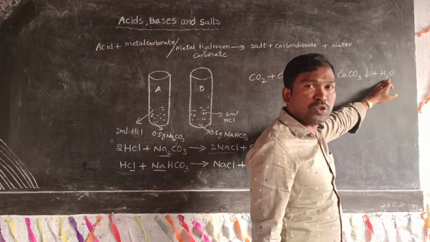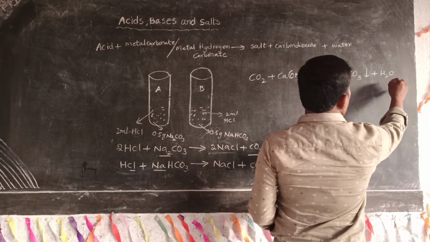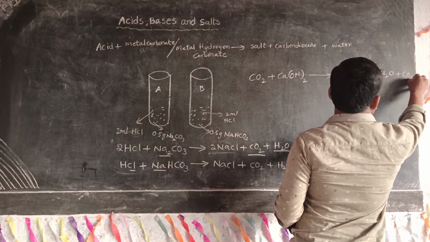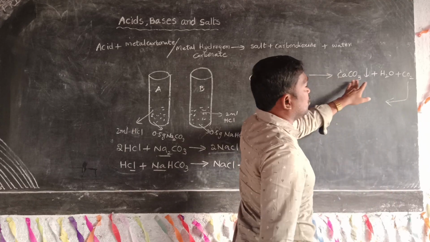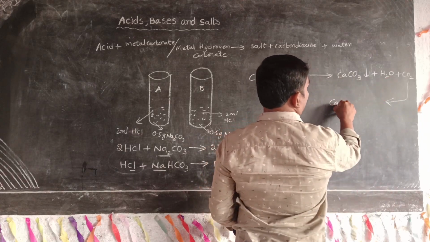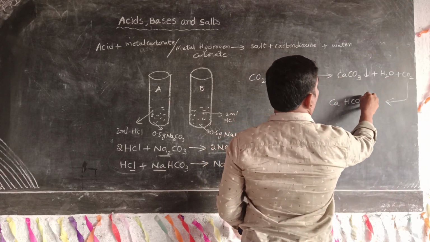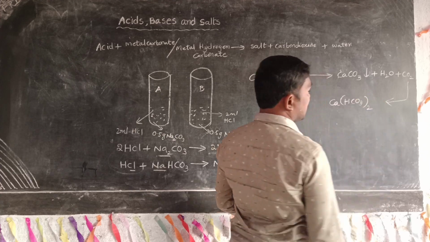Calcium carbonate is a white precipitate, and water is produced. Now pass excess carbon dioxide through this solution, and calcium hydrogen carbonate is formed.